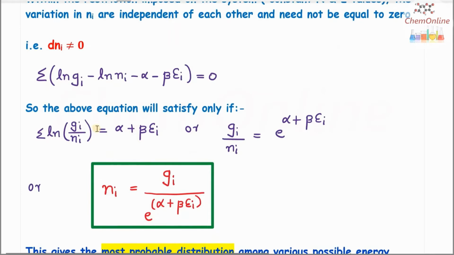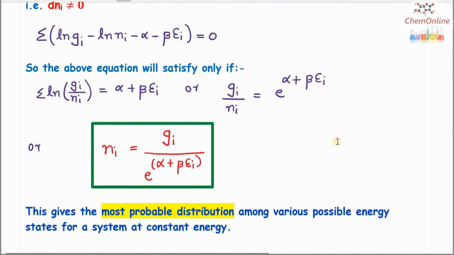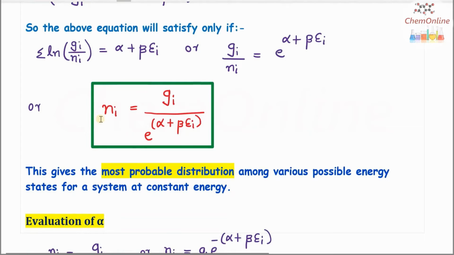That means log gi by ni equals alpha plus beta epsilon I, or you can write gi by ni equals e raised to alpha plus beta epsilon I, or there is also another way of writing, ni equals gi by e raised to alpha plus beta epsilon I. This equation gives the most probable distribution among various possible energy states for a system at constant energy.